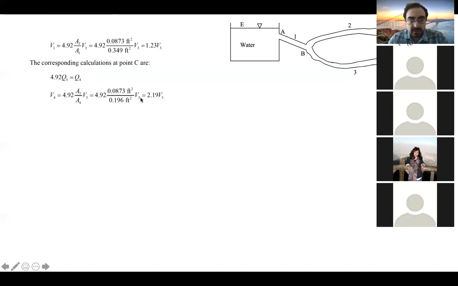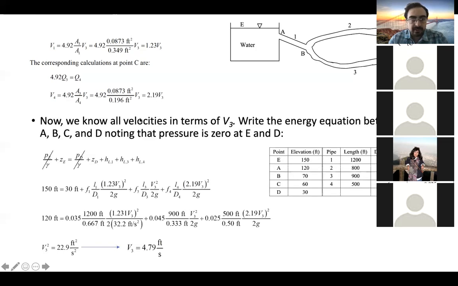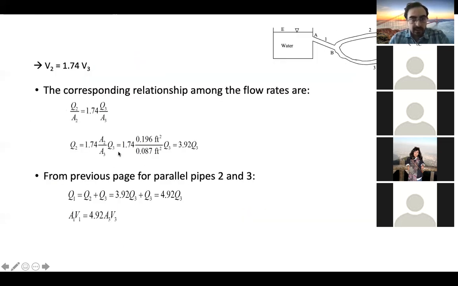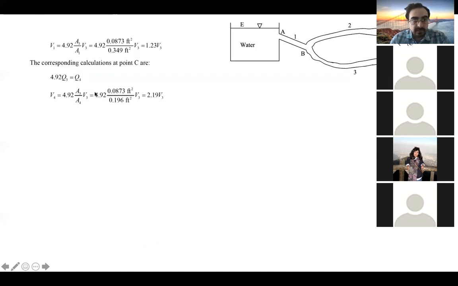And if you calculate that, we are going to get 2.19 V3. So V4 equals 2.19 V3. So now we have calculated all the velocities, and we have all of them in terms of V3, right? We have V4 in terms of V3, we have V1 in terms of V3, and we have V2 in terms of V3, which is shown here, okay?